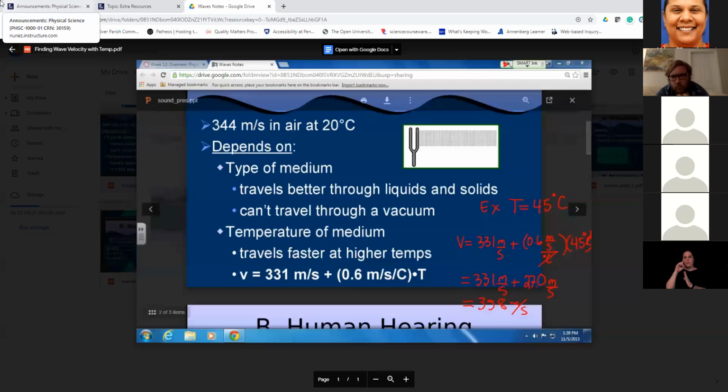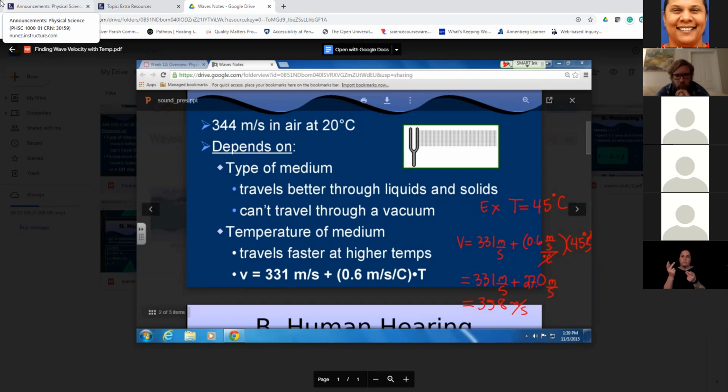So I did an example for you right here where I took the temperature of 45 degrees Celsius, and I wanted to know how fast is my sound wave gonna travel if the temperature is 45 degrees Celsius. Well, I take the 331 meters per second and I add to it 0.6 meters per second per degree Celsius, and I'll multiply that times 45 degrees Celsius. So I substituted 45 degrees Celsius for the capital T. So now let's multiply that out.